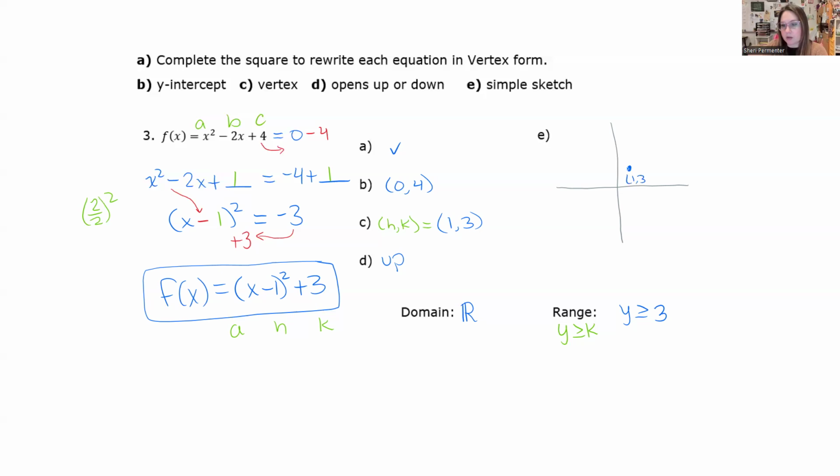That's 1, 3. That's my vertex. And my y-intercept is at 4. If this is 3, well, it's just a little bit above that. So I'm saying that that is 4. Well, now I'm going to make a little graph. That's it.